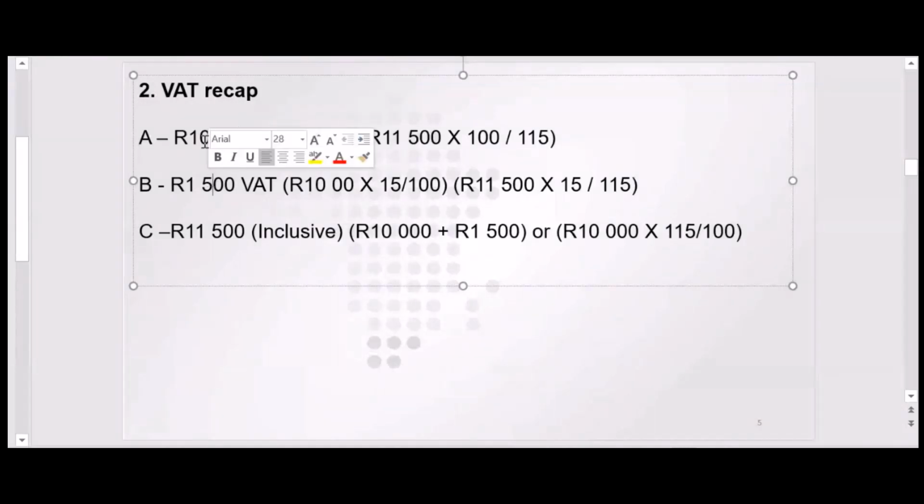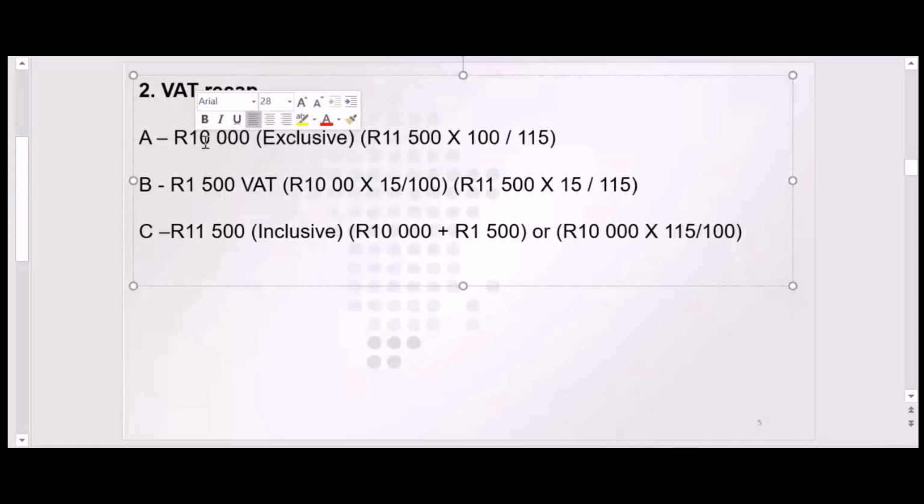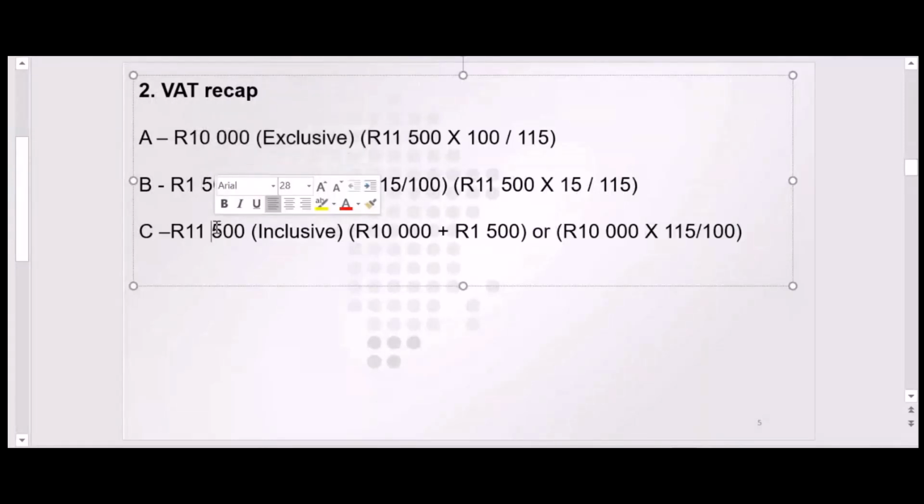Then for the VAT inclusive amount, you are adding VAT on the amount which does not have VAT. Then you will take 10,000 plus 1,500. It will then give you 11,500. Then you have all the three amounts.